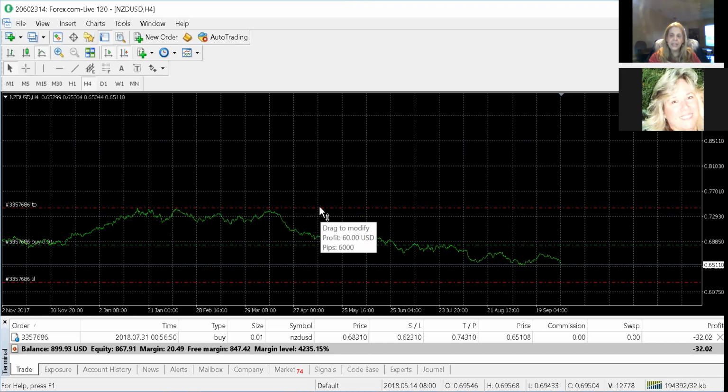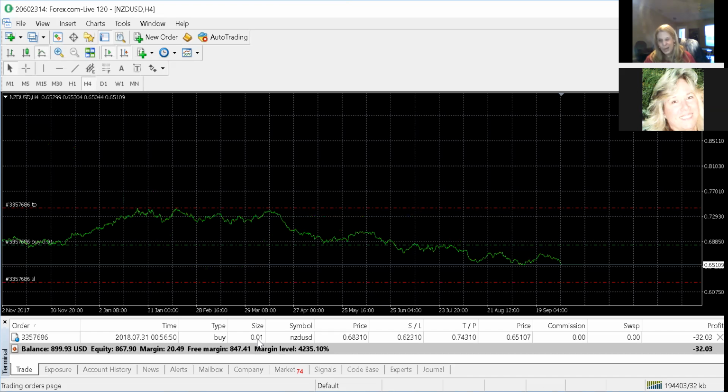The reason it is only $60 is because it's a 0.01 lot size, keeping the risk and the margin level at a certain 1-to-1 ratio. So I will only lose $60 if it hits my stop loss.